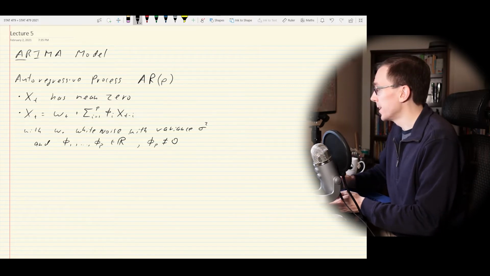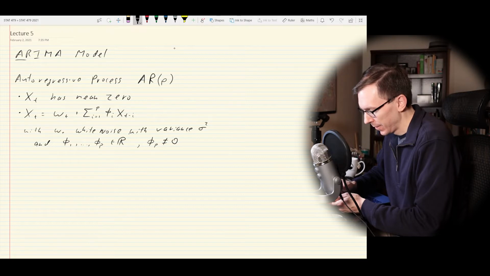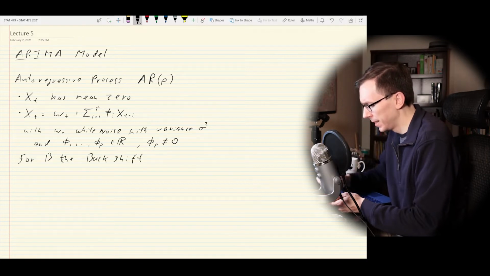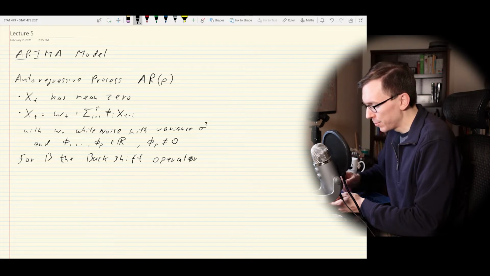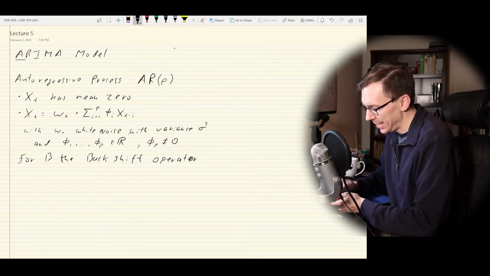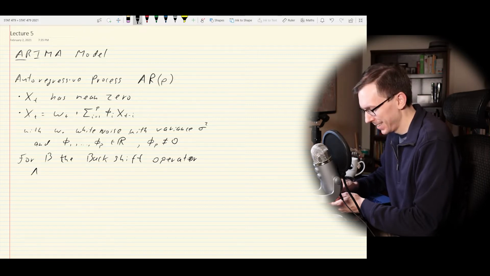So what we're going to do is we can actually write this in terms of the backshift operator. So I'll say for B, the backshift operator, that one that I talked about, I think in two lectures prior to this one, what we can do is define the autoregressive operator.